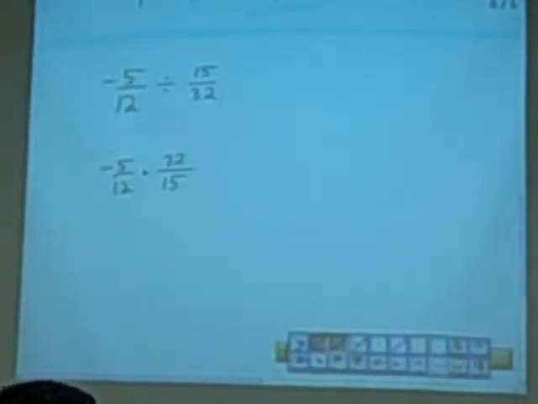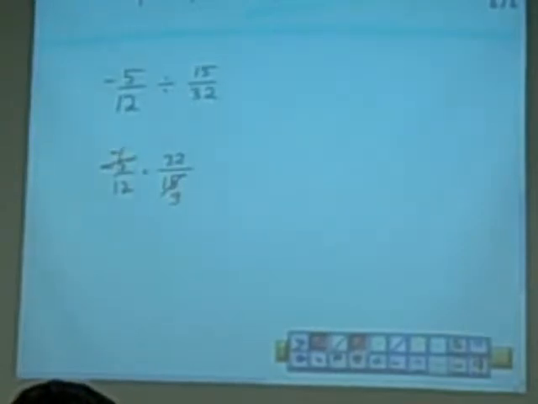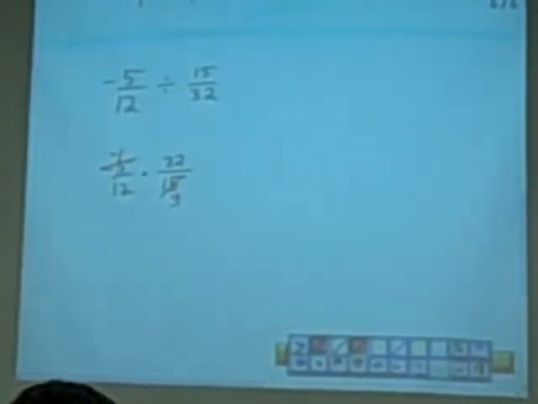Now we've got the 5 can go into 15 3 times. But 5 goes into negative 5. The negative is still there.